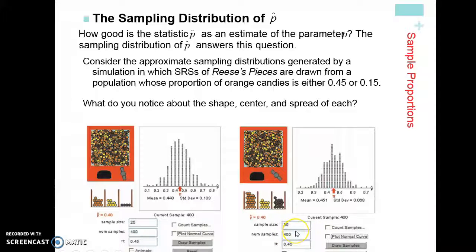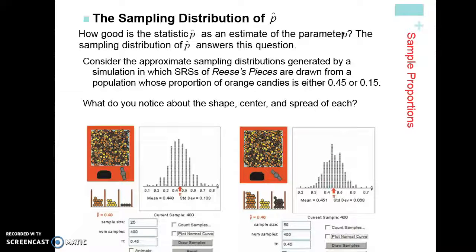Now, my assumption is that the population proportion of candies is 0.45. Oh, they actually say it up here: it is 0.45. But I was making that assumption based off of this right here. So the mean of the sampling distribution is 0.45, which goes to show that both of these distributions are good, which means my P hat is an unbiased estimator for P.